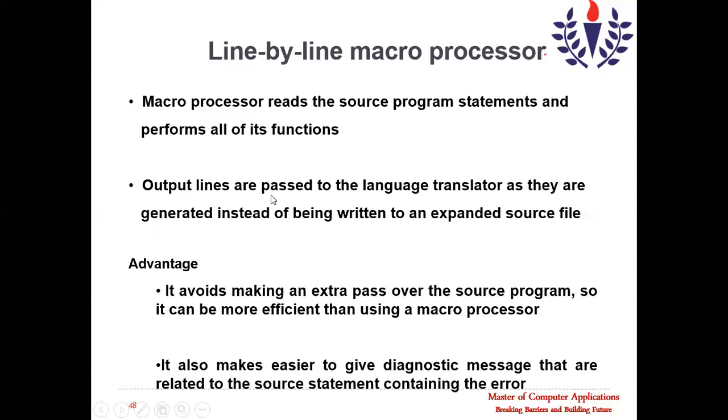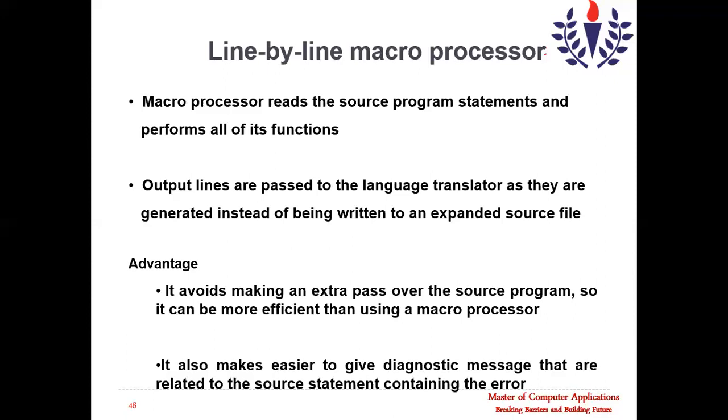The output file we get, where our macro is expanded, will be directly given to the language processor. It will not be stored somewhere else. So the whole file containing the macro expanded code will be given to the language translator for translating.